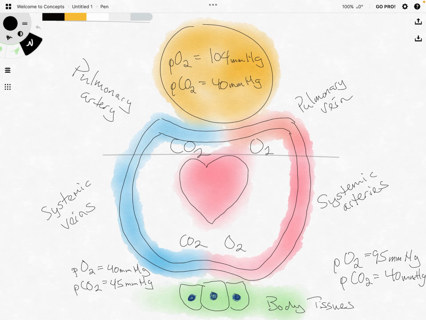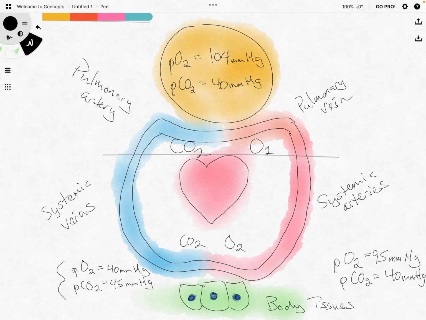With the pulmonary circuit, the systemic veins bring blood back to the right side of the heart, then the pulmonary trunk, pulmonary arteries, going down to the pulmonary capillaries. We're going to see these similar values here. So we're going to have partial pressure of oxygen of 40 millimeters of mercury, partial pressure of carbon dioxide, 45 millimeters of mercury, as that blood's traveling through the pulmonary circuit, getting ready to do some gas exchange between the blood and the alveoli.